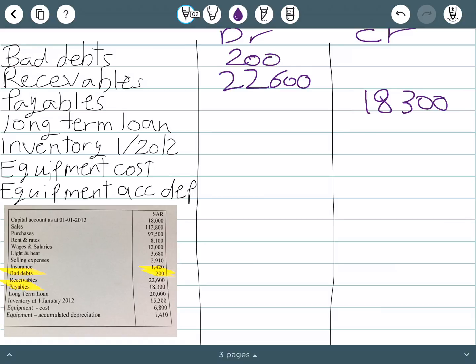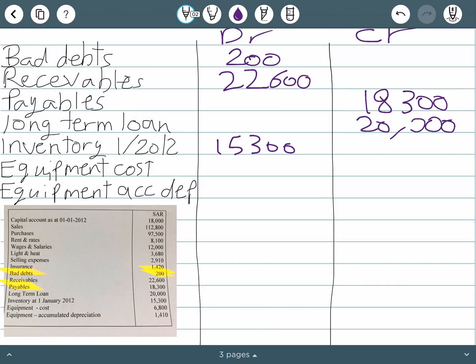And then we have long-term loan, which is also a credit. Long-term loan is 20,000. And then inventory. Inventory is on debit, 15,300.